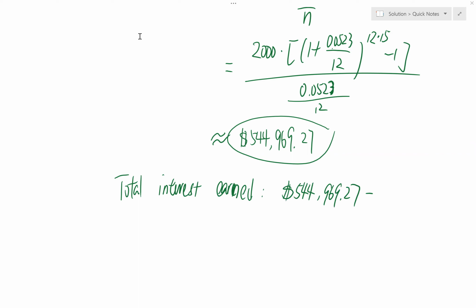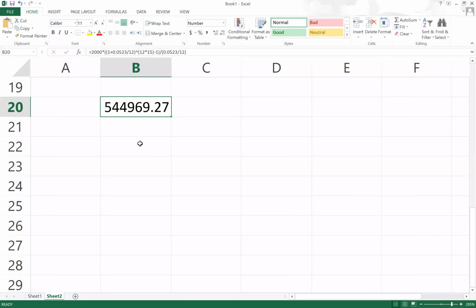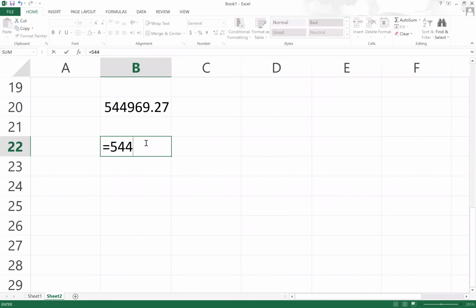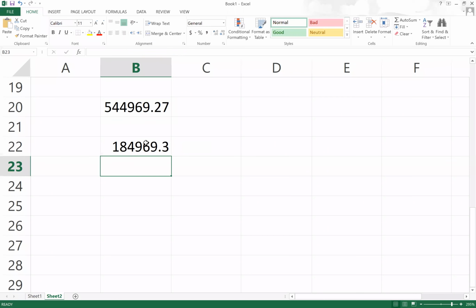You contribute $2,000 per month, times 12 every year, 24,000, and then for 15 years. That difference should be the interest earned, or total return on investment. So it should be 544,969.27 minus 2,000 multiplied by 12 multiplied by 15. And this turned out to be $184,969.27.